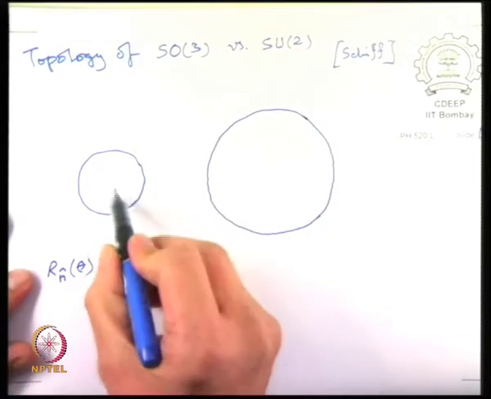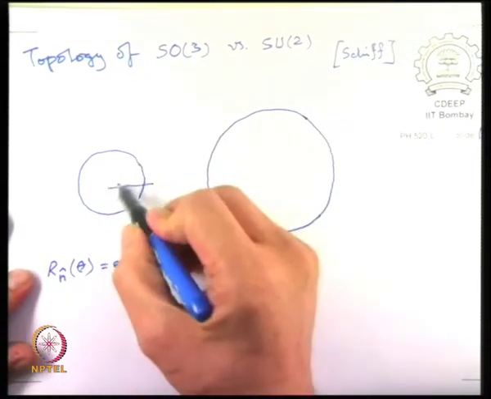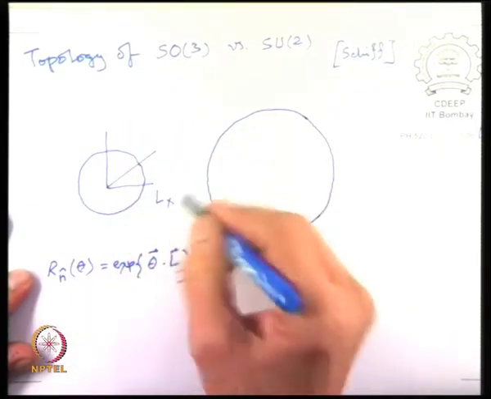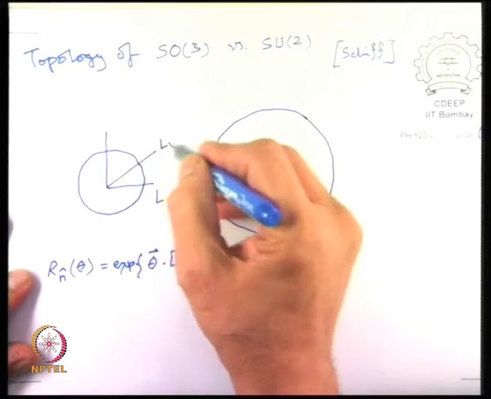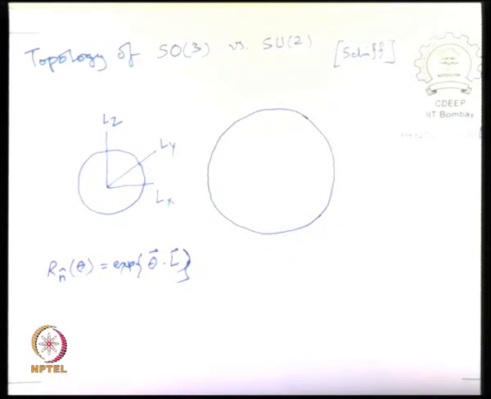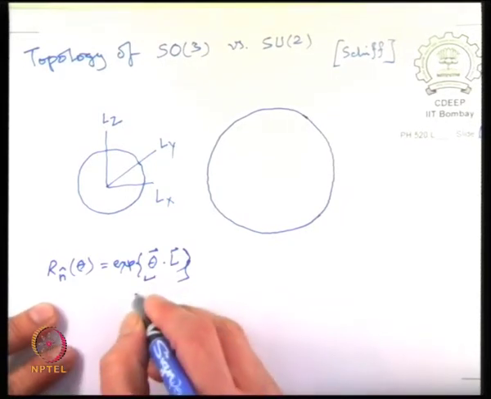So suppose you drew axes corresponding to Lx, so these are not real space axes, Ly and Lz. Then the n cap vector, so this theta is often written as n cap times theta.